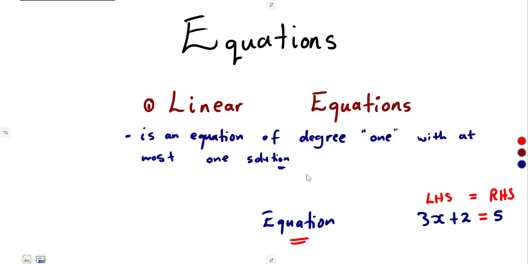At least one solution. So what does it mean? You solve for x. You solve for m, for whatever variable that you're given.